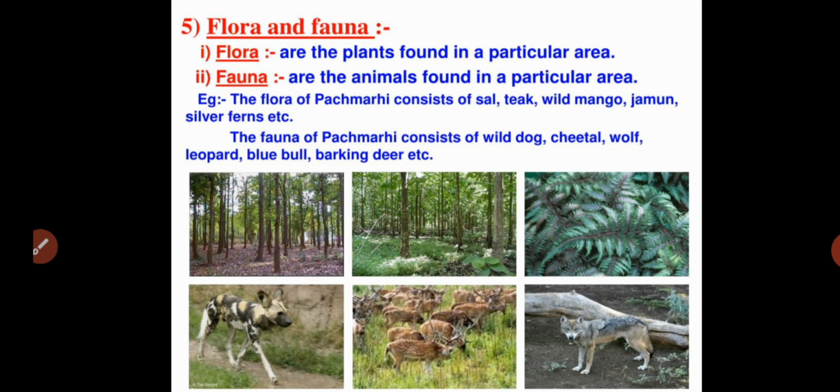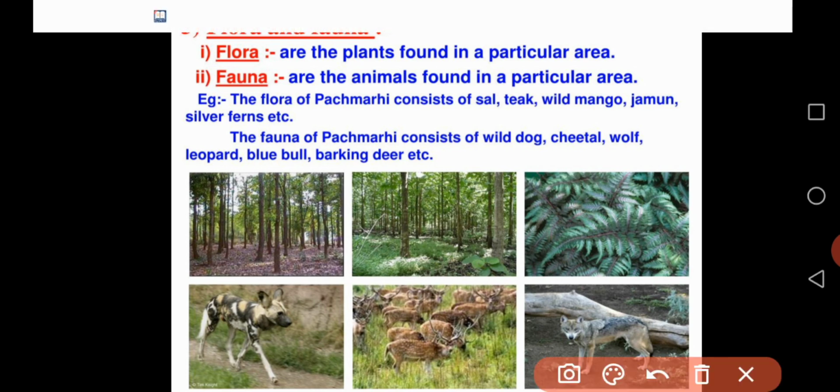Example for the flora of Pachmarhi: Pachmarhi is a biosphere reserve, and its flora consists of many plants like sal, teak, wild mango, jamun, silver ferns, and some other plants.